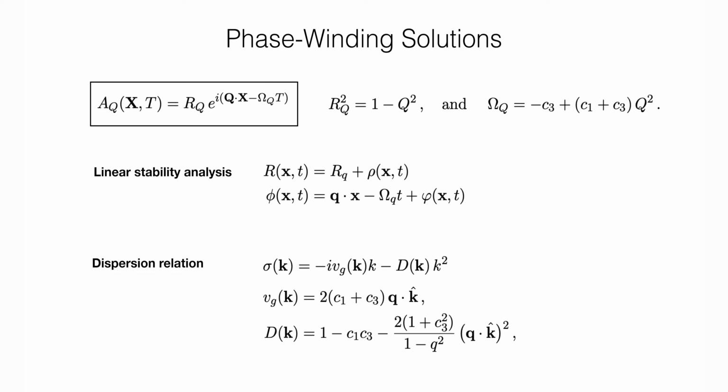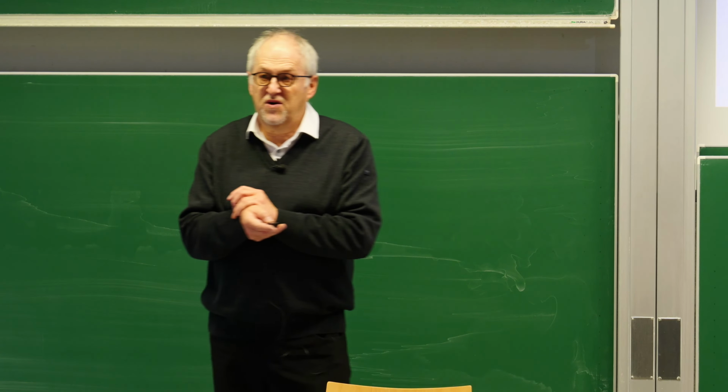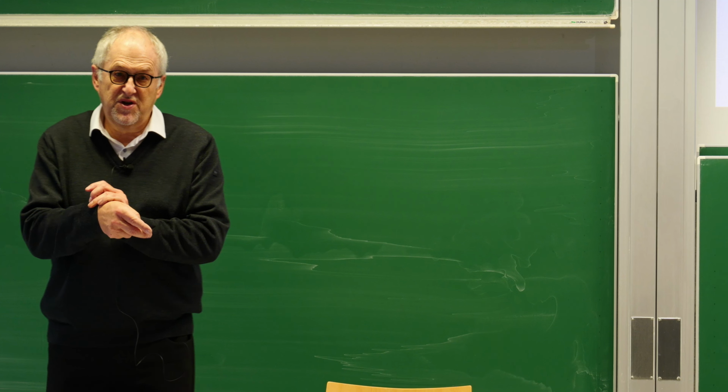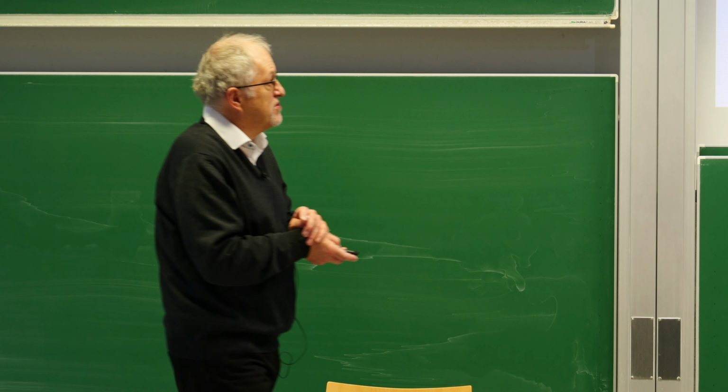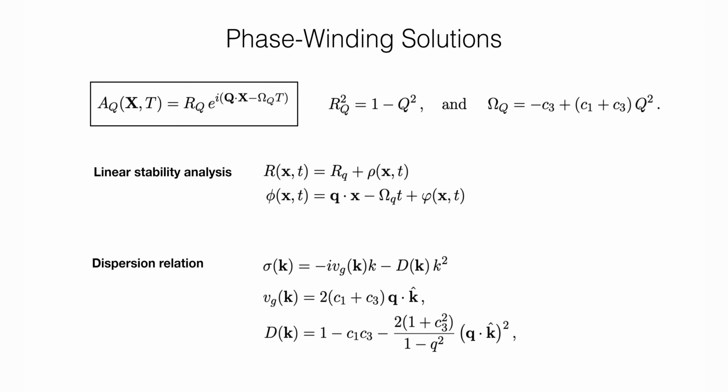This plane wave has a dispersion, so the frequency omega in the plane wave depends on q squared. That's important, right? Because plane waves that have dispersion have a group velocity, distinct from plane waves without dispersion. The amplitude we found is 1 minus q squared. That's fine because this is exactly the bound at which r is positive. q squared is less than 1 in this band of unstable modes.